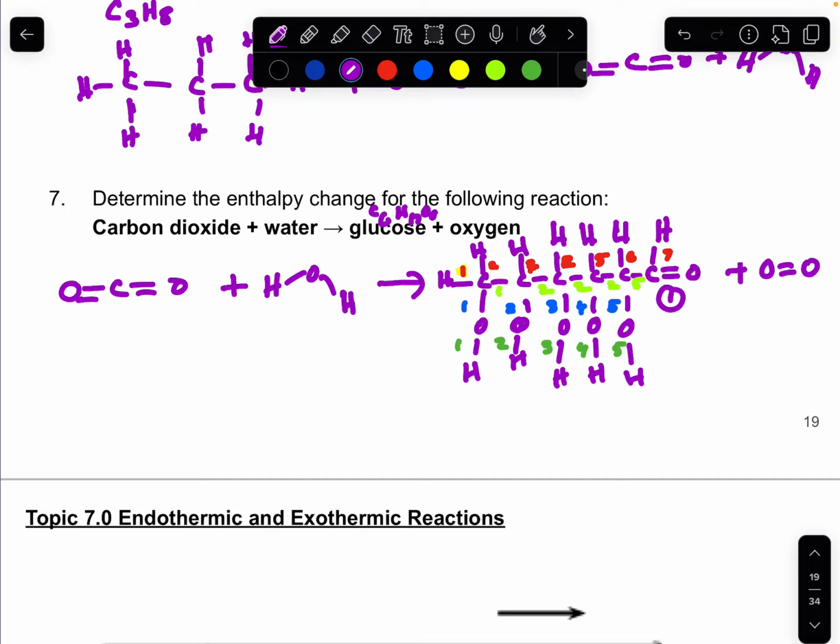And remember, you have to balance the equation. This equation is not balanced, right? So how to balance? 6 carbon on the right hand side, there is only 1 on the left hand side, so I'm going to multiply this with the 6. Okay, then hydrogen, there is already 12 there.